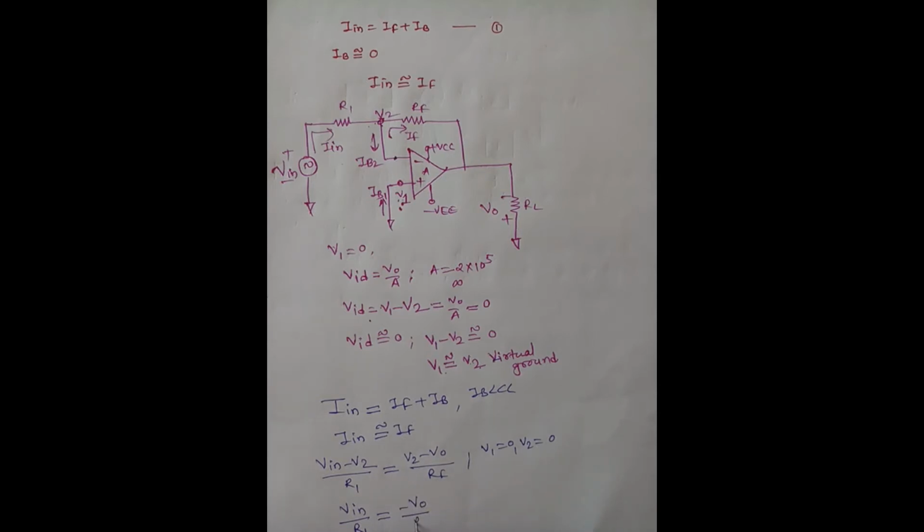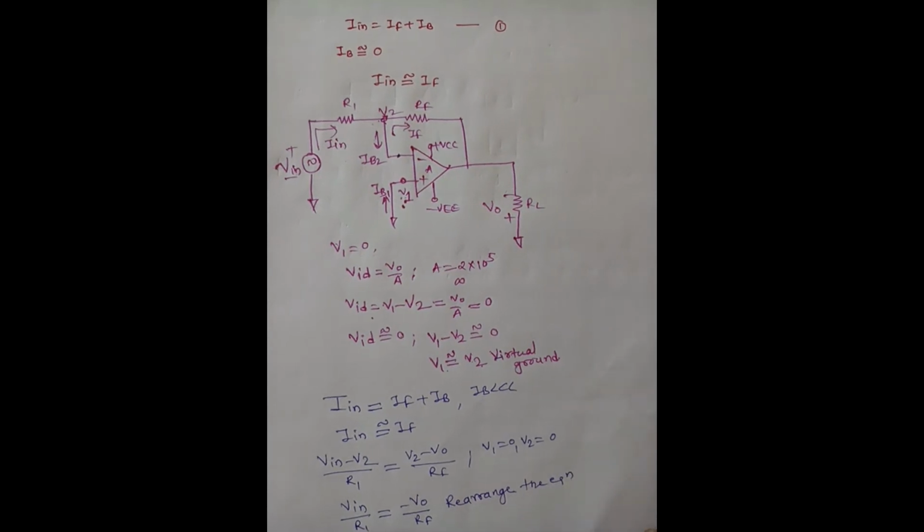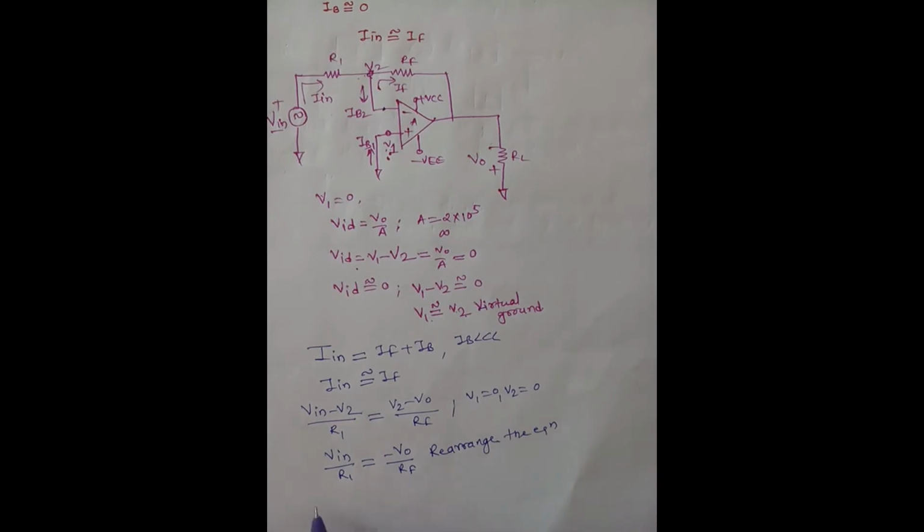Rearrange this equation for gain. We can write the feedback gain, or gain with feedback, AF, as V0 by Vin. V0 divided by Vin, RF will come to the numerator, minus RF divided by R1.